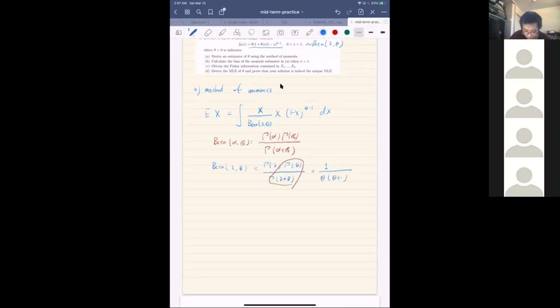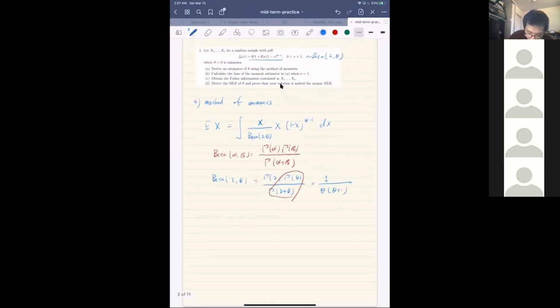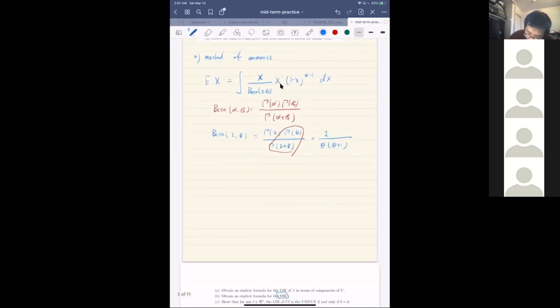So we can get the same density. What I want to do is B(2, theta) times the integral of x squared (1 minus x)^(theta minus 1) dx.